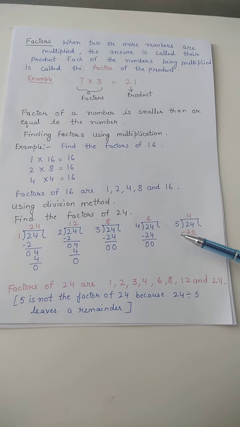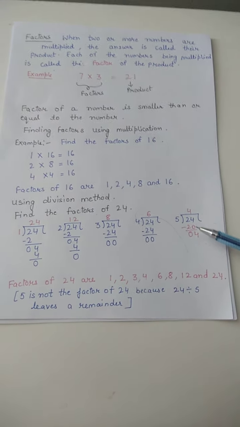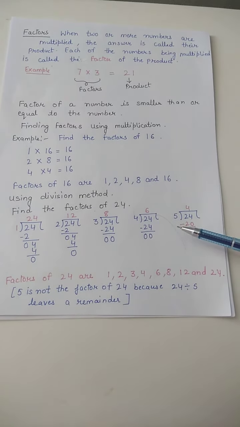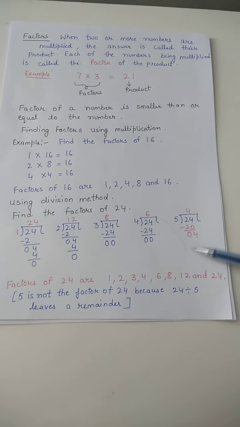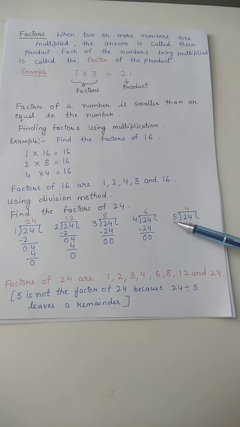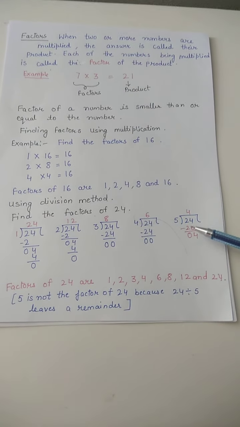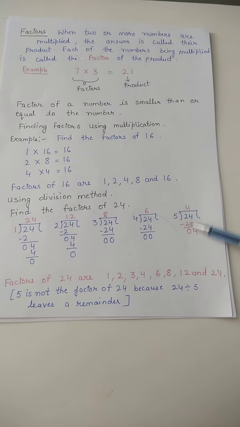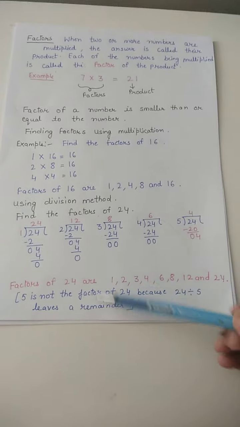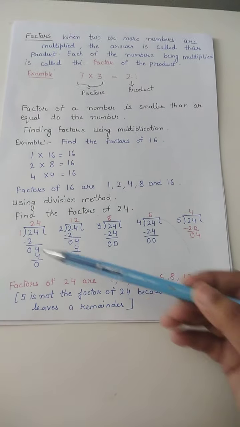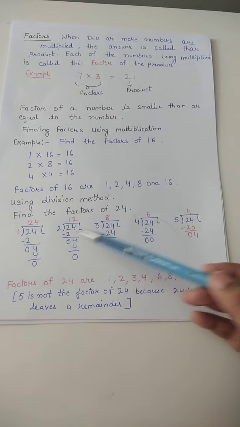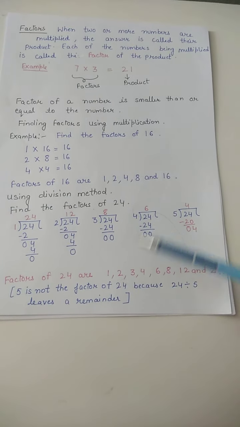Now one example I am taking for you here: 5 4s are 20 and remainder 4. Here you can see that when we are dividing by 5, we have a remainder, right? It means 5 is not a factor of 24, because it cannot divide it exactly. So the divisors 1, 2, 3, 4 are all factors.